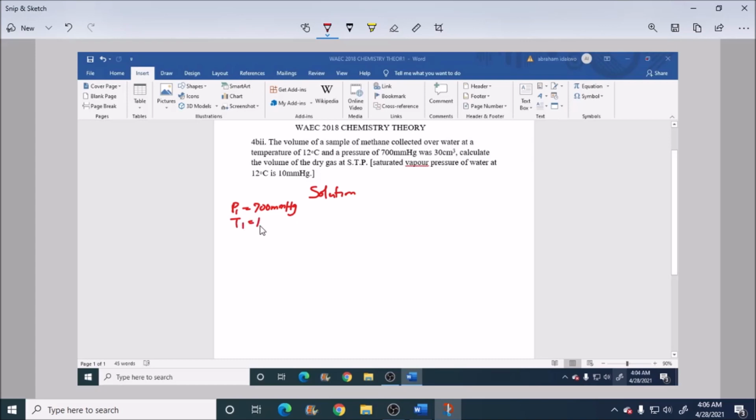Then we have to convert this degree Celsius to Kelvin. Then we have 12 degrees C plus 273 Kelvin, that is standard Kelvin. Then it equals 285 Kelvin. So that is our T1, 285 Kelvin.